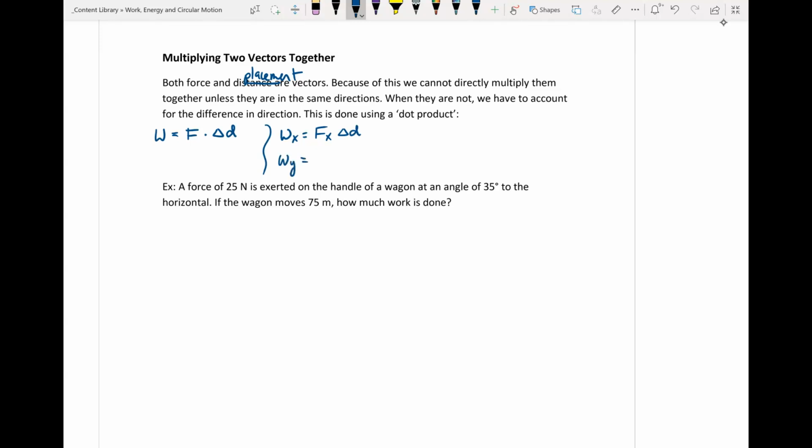And we can get work in the y direction from our force in the y direction multiplied by our distance. The other scenario we can have is our work in the x direction if we're just given a force and we have some sort of x direction to our displacement.